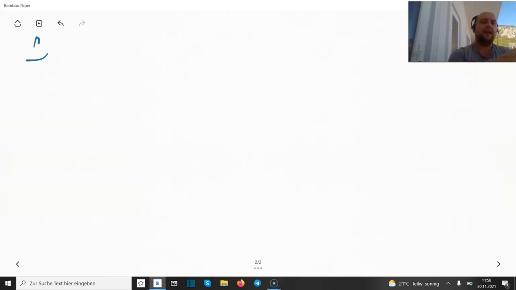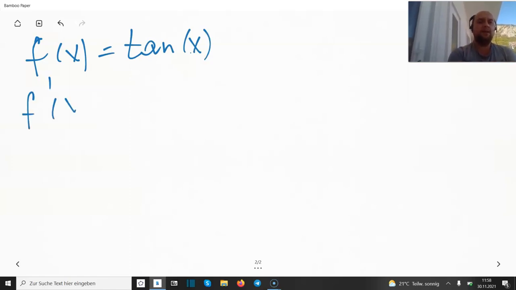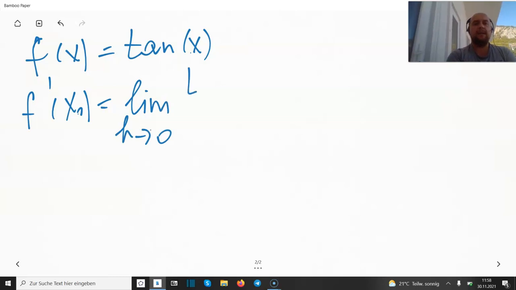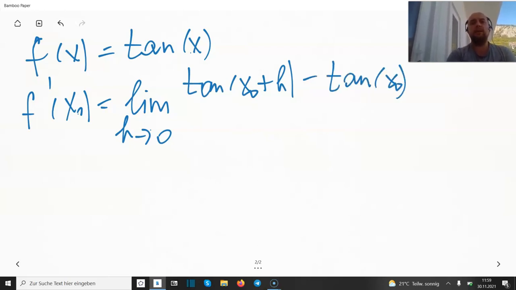We say f of x is equal to tangent of x as well, again, and we are writing it down using the first principle. So we have a limit h towards 0. We have tangent of x0 plus h minus a tangent of x0 only divided over h.